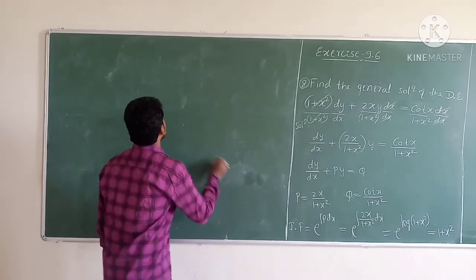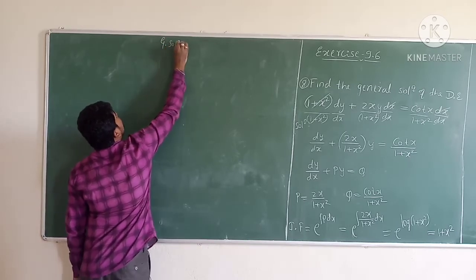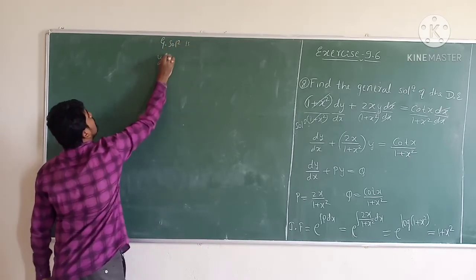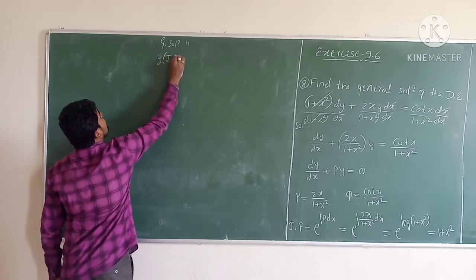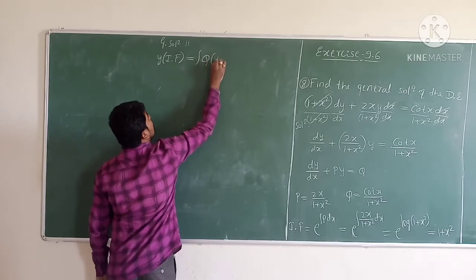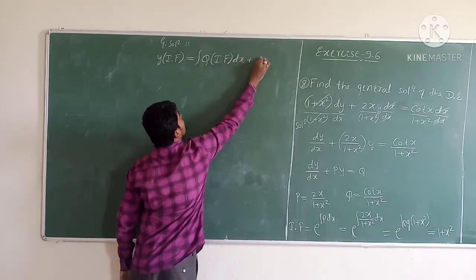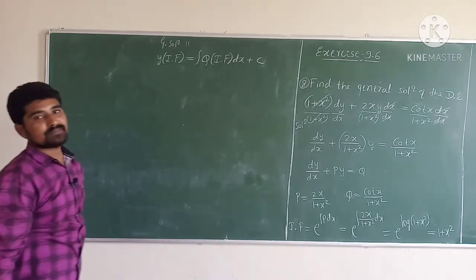Next, the general solution of the given differential equation is y into integrating factor, which is equal to integration of q into integrating factor with respect to x plus integral constant c.